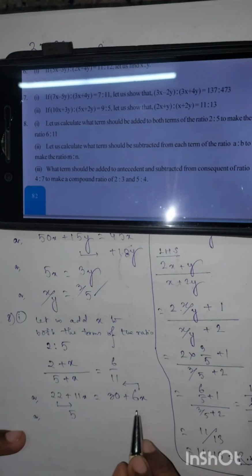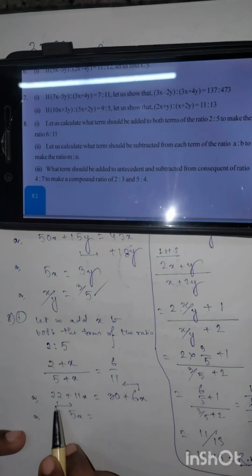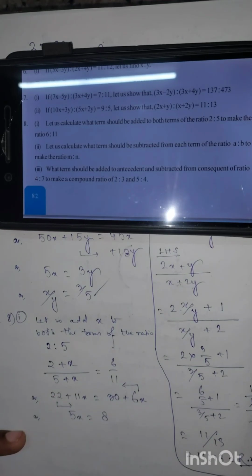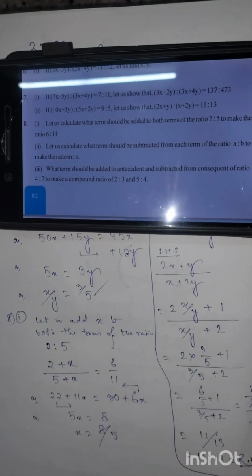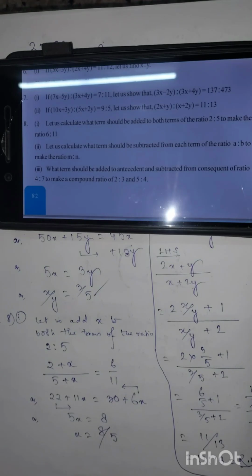So 11x minus 6x is equal to 5x, 30 minus 22 is equal to 8. So x is equal to 8 by 5. So 8 by 5 should be added to both terms of the given ratio 2 is to 5 to change the ratio to 6 is to 11. Okay, so this is our answer 8 by 5.